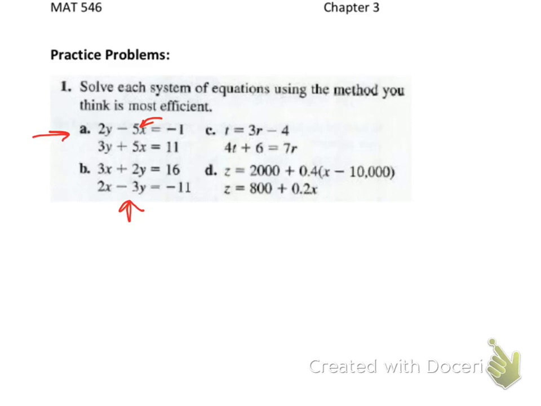C, looking at C, I see that I have t equals, so I would use substitution to solve for that. With D, since I have two z equals, I would just eliminate the z's, set those two equations equal to one another, and solve for my x, and then plug back in to get my z.